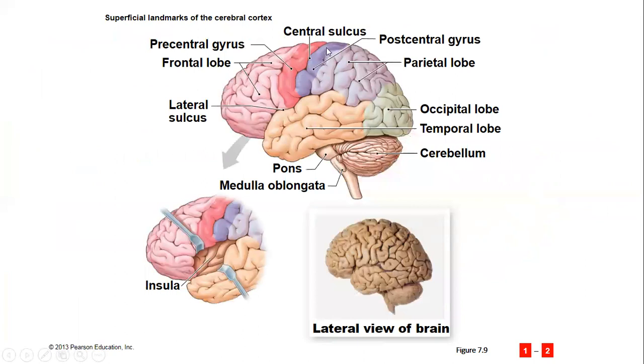And then there's the post-central gyrus, where the primary motor cortex is located. And a cortex in the brain is a region where there are cell bodies of neurons that all perform a similar function. Like the primary sensory cortex is receiving information from sensory receptors. And the primary motor cortex is an area that is controlling motor information and sending signals to motor neurons to control skeletal muscle function.